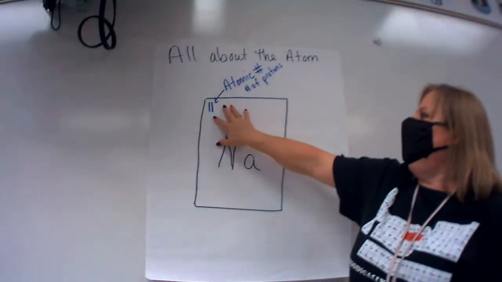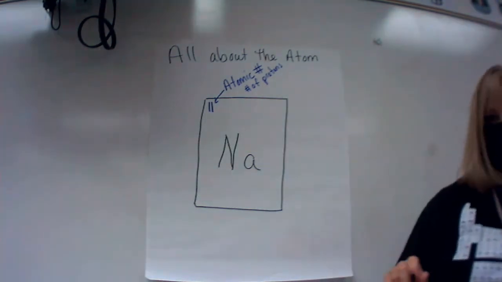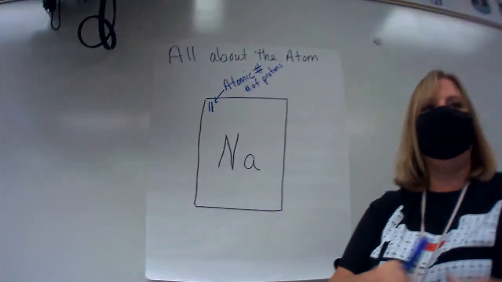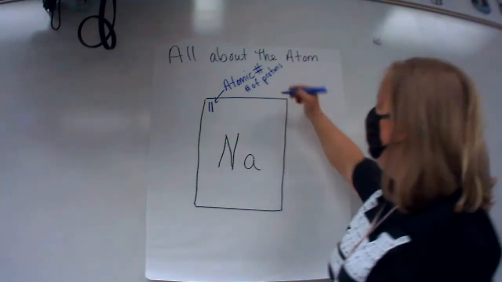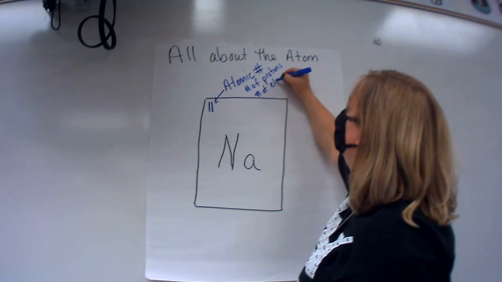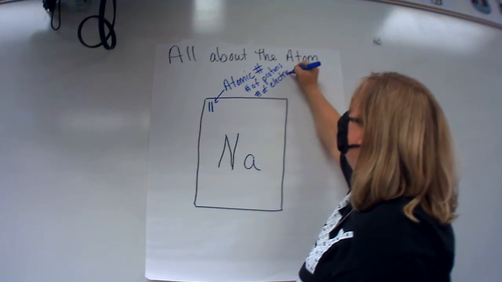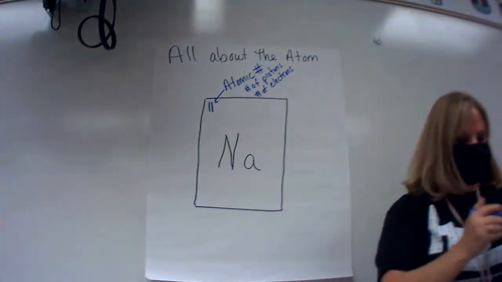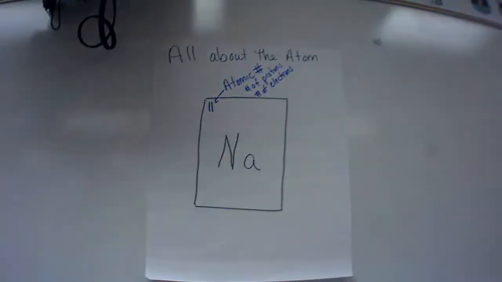So this is our atomic number. It is the number of protons. Most atoms are electrically neutral, and we'll get to that in a minute, what that means. It is also the number of electrons. So, if I were to ask Austin, how many protons does sodium have?